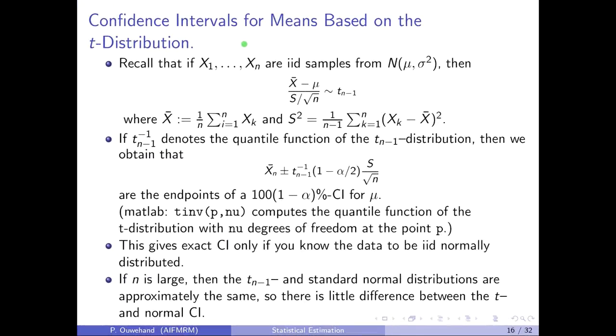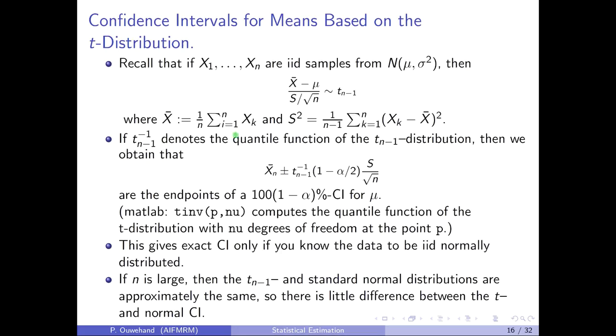Now let's have a look at confidence intervals for means and for variances. We begin with confidence intervals for the means based on the t-distribution when the data is normally distributed. Recall that if we have independent identically distributed samples from the normal distribution with mean mu and variance sigma squared, x1, x2 up to xn, then the quantity over here is t-distributed with n-1 degrees of freedom.